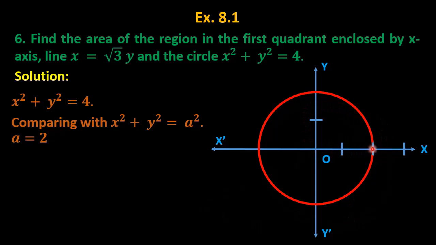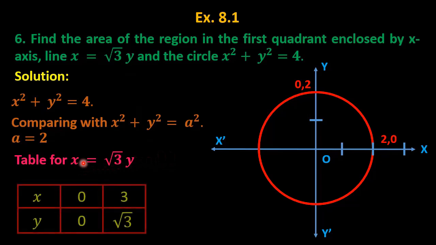Now this point is 2, 0, and here it is 0, 2. Now we need to draw the line which is given by x equals root 3y. In order to draw the line, we require at least 2 points. So by putting different values of y, we calculate the value for x, and using those points, we draw a line on the graph.